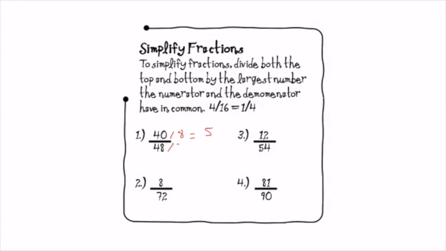If we divide 48 by 8, it's 6. So that would be 5/6 is a simplified fraction. For number 2, 8 is the biggest number that would go into both of them again. So if we're going to divide each one by 8, we would have 1, and 72 divided by 8 is 9.